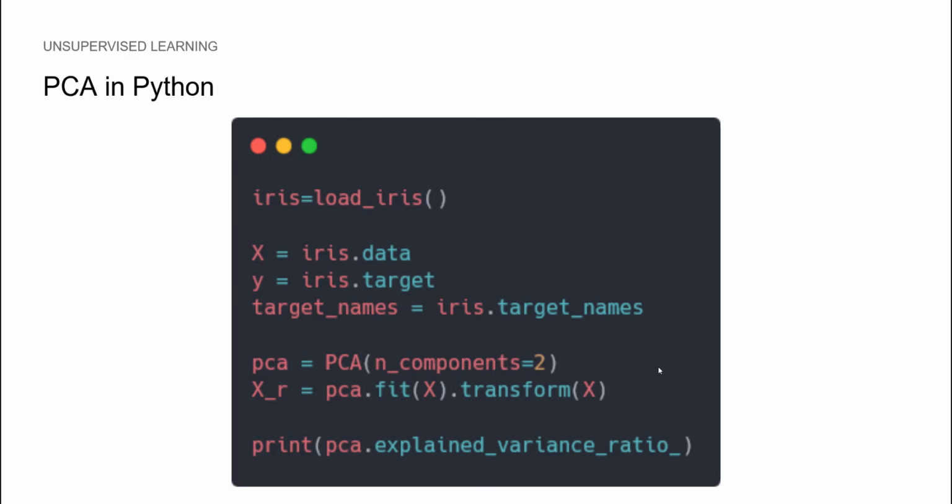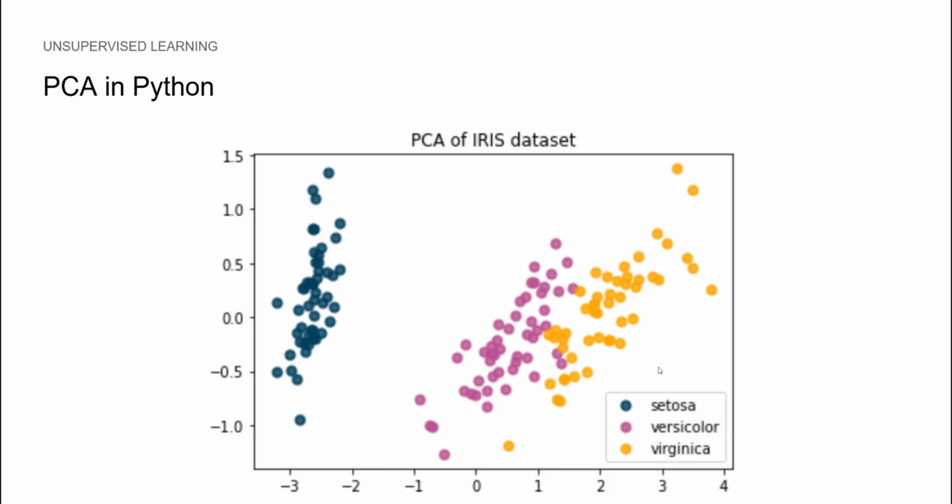And then you can see here that we can find the explained variance ratio and then use that to plot a 2D figure of the features of this dataset, which is what you see here. So as you can see, we can plot the transformed data and see how each species of iris are different or separable from one another.